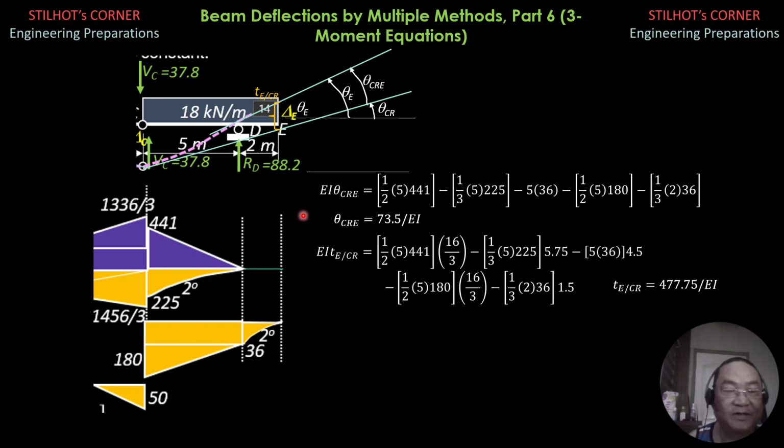So from the figure, this is supposedly 7 times theta C right, 7 times theta C right.